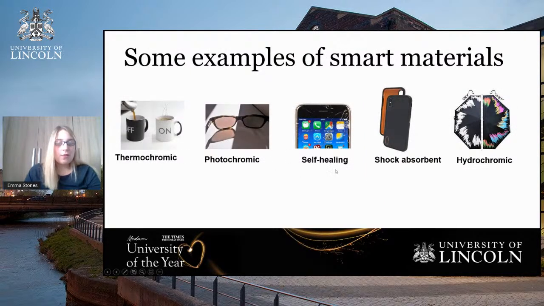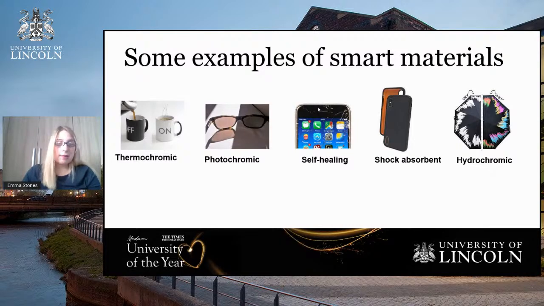Next, I've got this example of the self-healing phone screen. So again, this is quite a common sight these days, damaged phone screens. Researchers have been developing a self-healing phone screen. So what they've been able to do is to put a type of oil known as linseed oil into the plastic component of a phone screen.